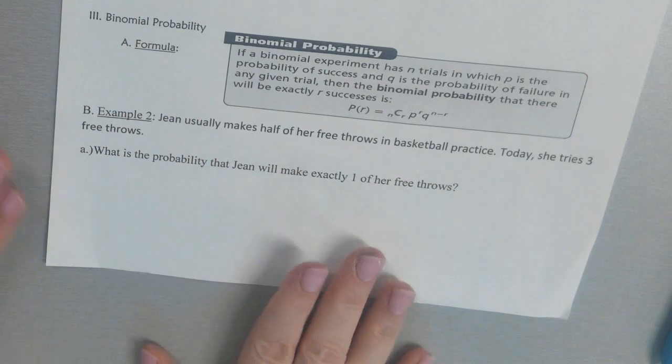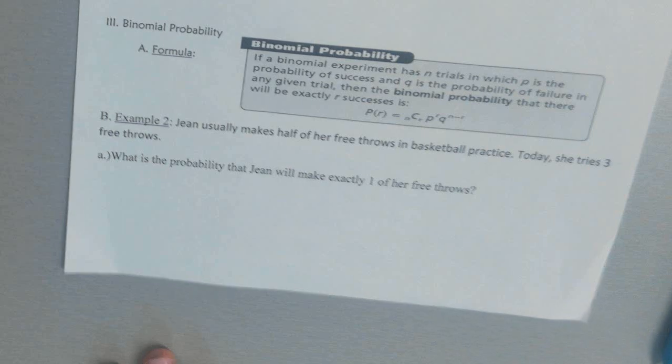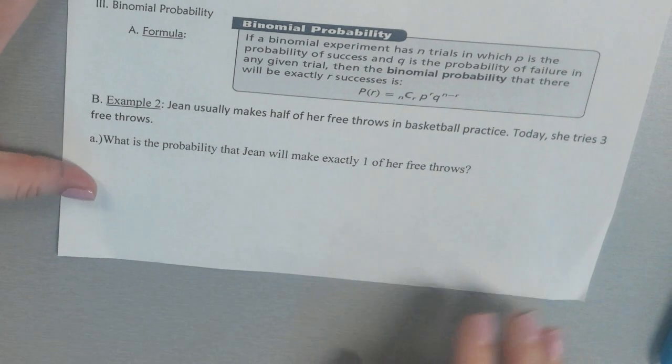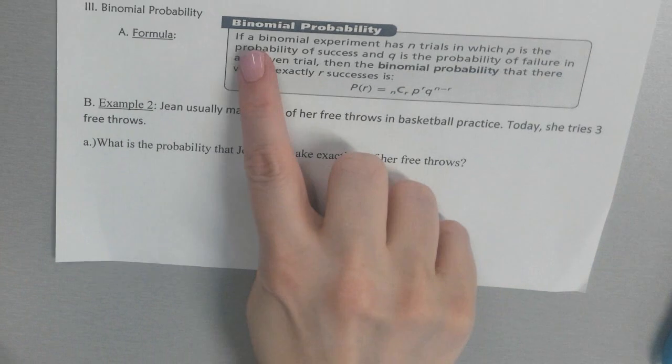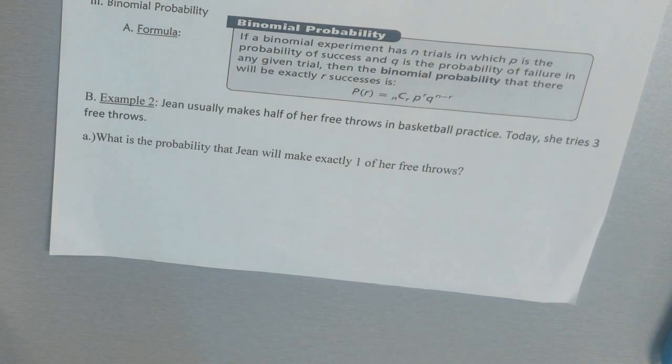Alright, so what we're going to focus on today is an equation for binomial probability. And it is going to relate some of the stuff that we did in chapter 7. So this is talking about binomial experiments. Do you guys remember some of the different experiments we talked about in chapter 7?